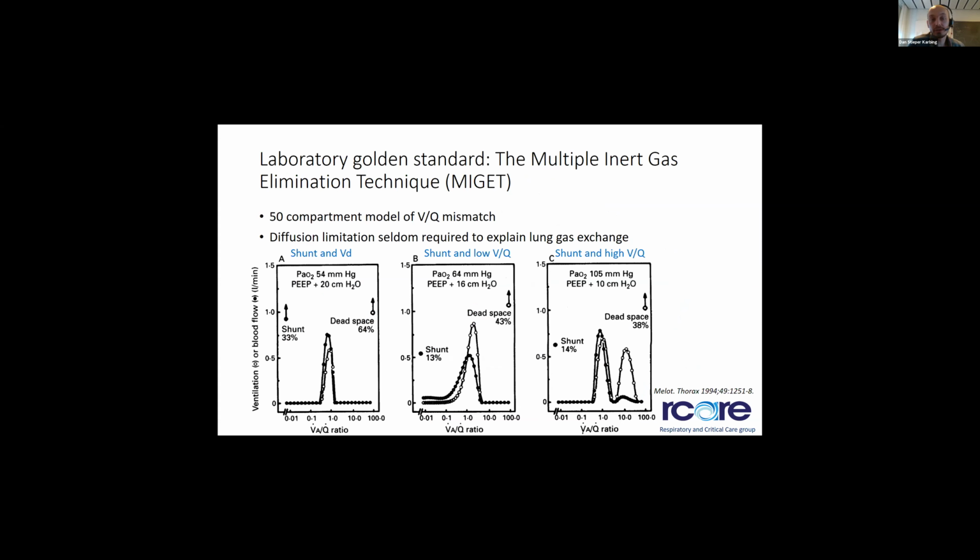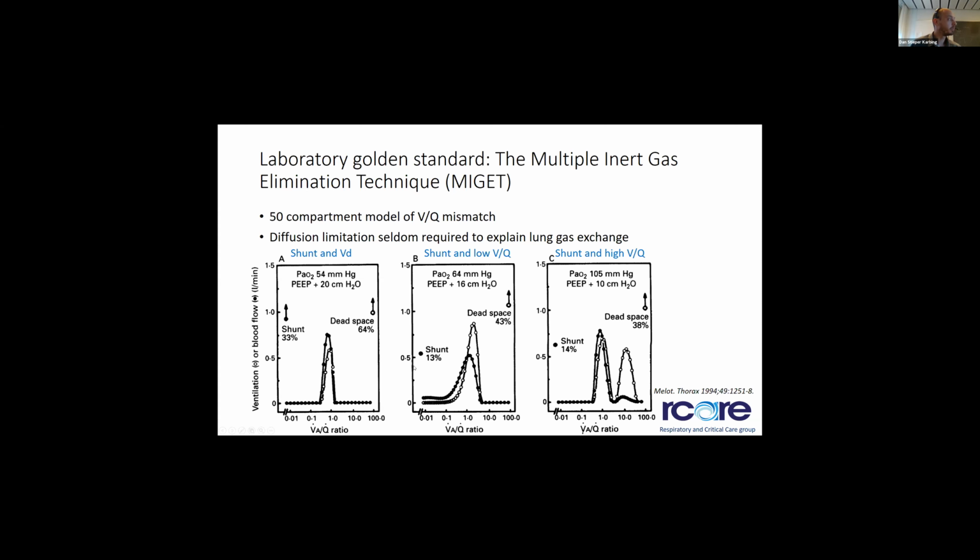If we look at the gold standard for measuring gas exchange, it's the multiple inert gas elimination technique. It's a very complex model of the gas exchange. It has 50 compartments of VQ mismatch, and the result of such an analysis is shown in the three figures here in the lower part of the screen.